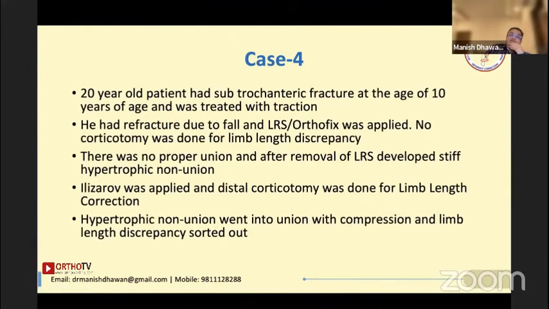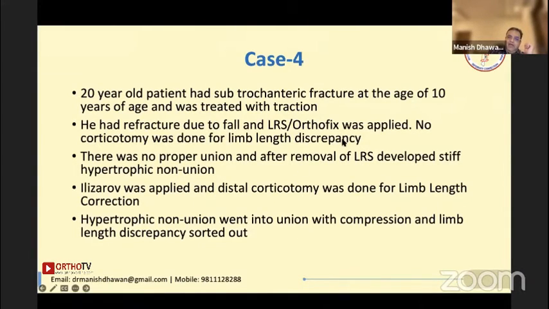Case number 4, this is a 20-year-old patient who had a subtrochanteric fracture, treated at the age of 10 years with traction. So this was old. When it was treated, he again had a refracture and he was referred to me somewhere 10 to 12 years back.